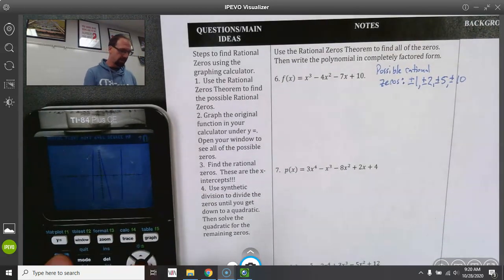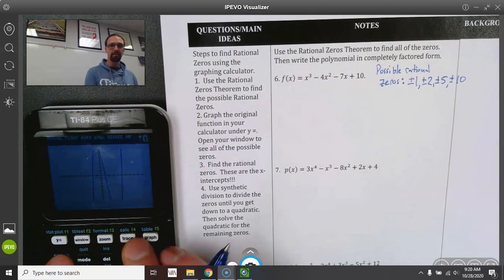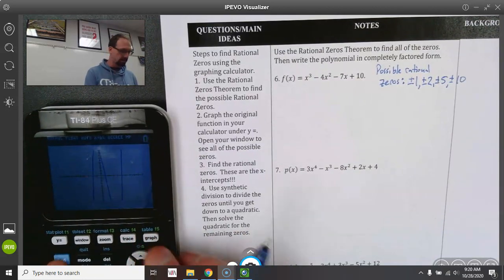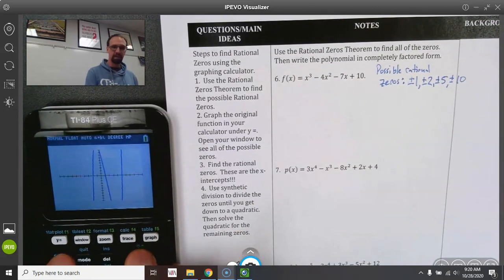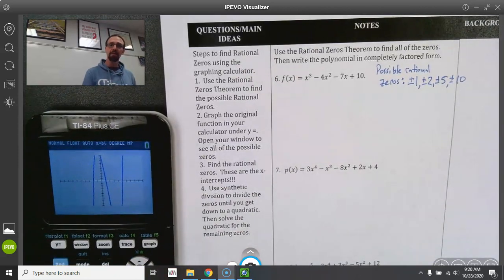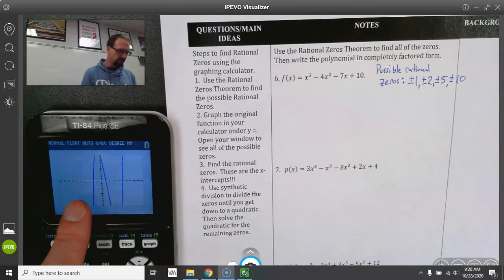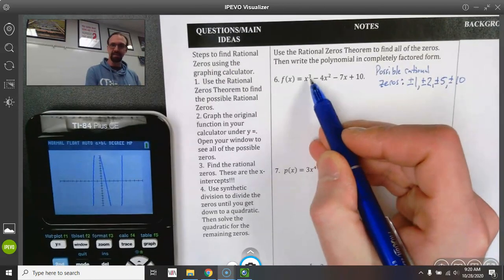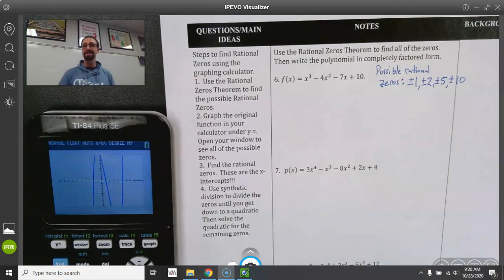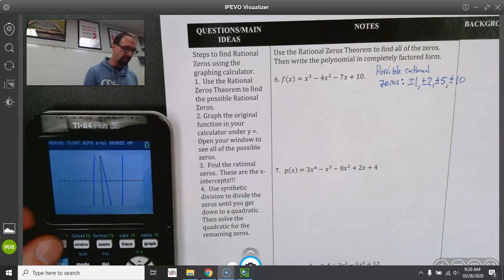I want to find where it crosses the x-axis. In this case, it looks like it crosses the x-axis 3 times. I'm seeing all 3 of them, and that's good because it's x cubed. Now, you may not see it multiple times. We'll talk about that with multiplicity.